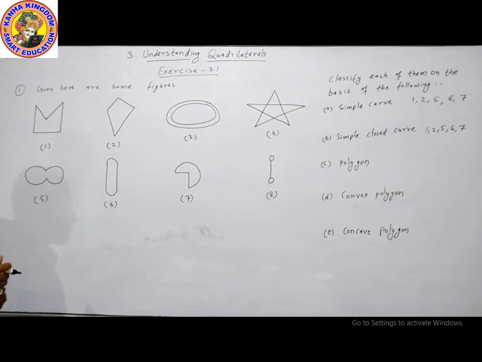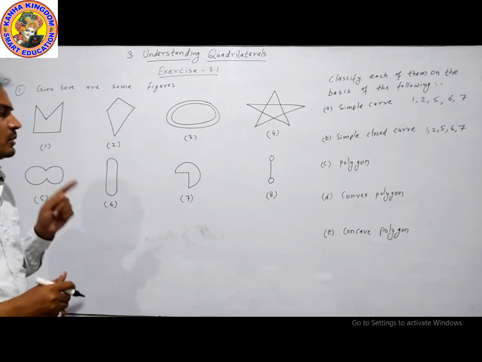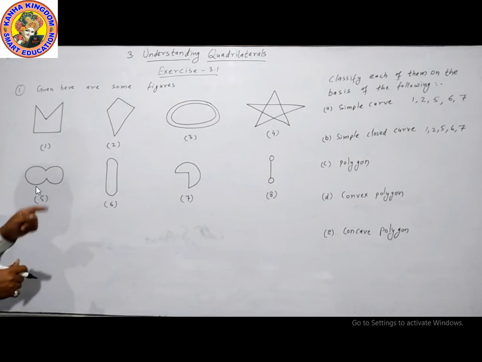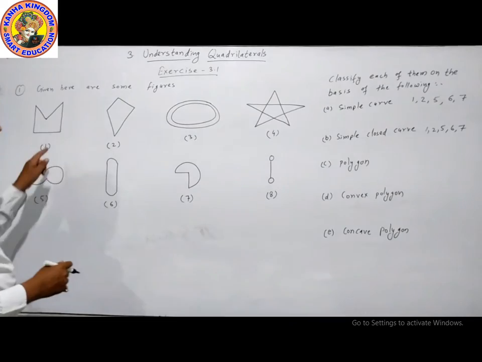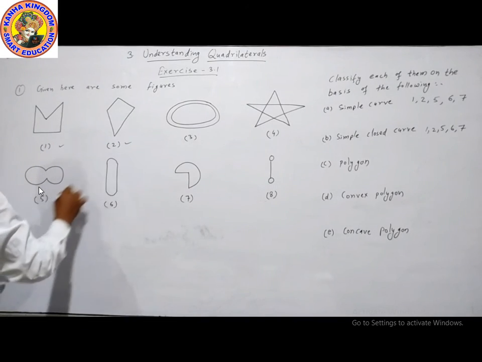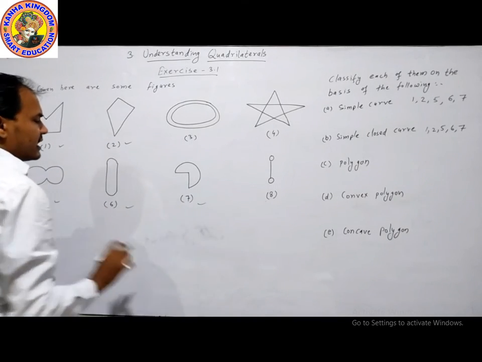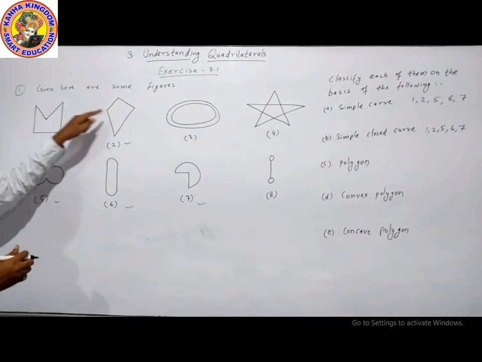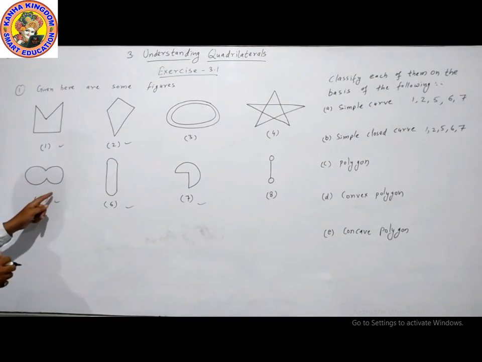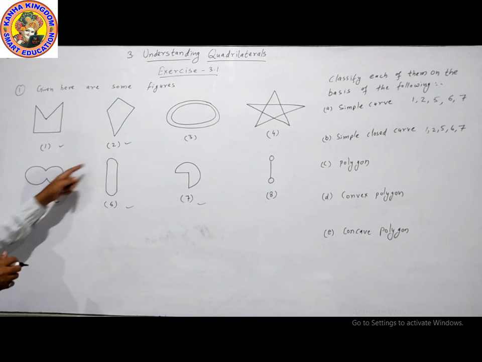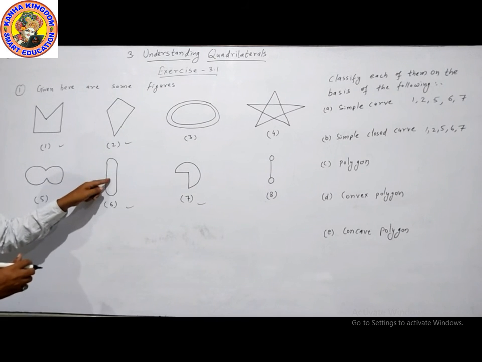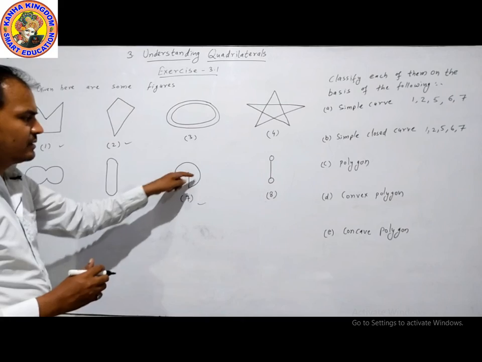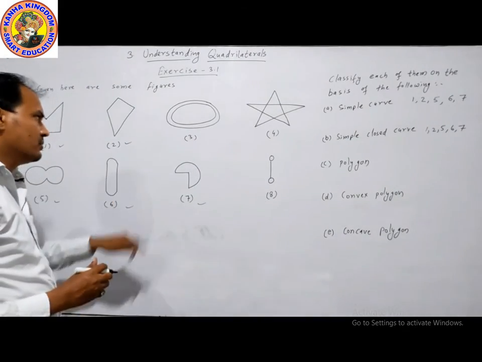Polygon. What is a polygon? A polygon is a closed curve made by lines only. Take the closed curves 1, 2, 5, 6, 7. These are the closed curves. Are they made by lines? 1, 2: no, there are no lines, this is a curve, not lines. These are lines, but this is a curve, so this is not.